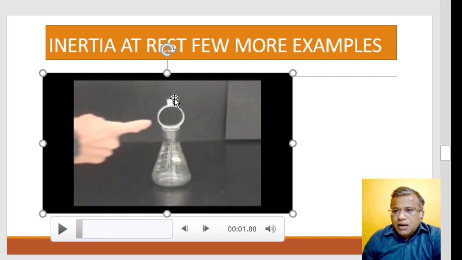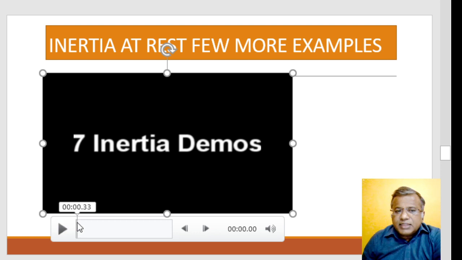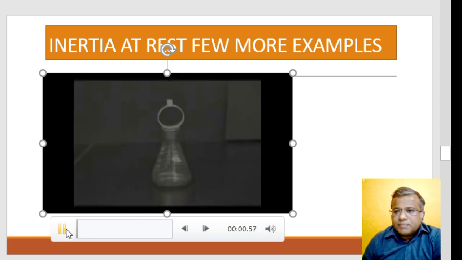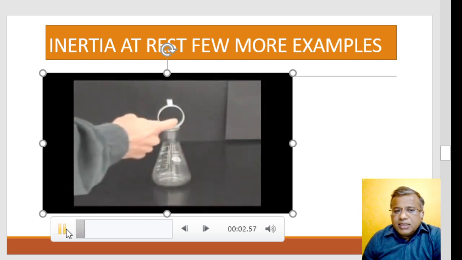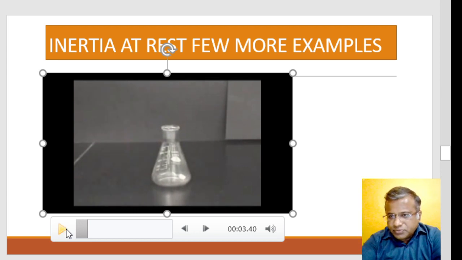Now what do you think will happen if I just hit this ring? If the ring is suddenly removed, the object instantly falls down.